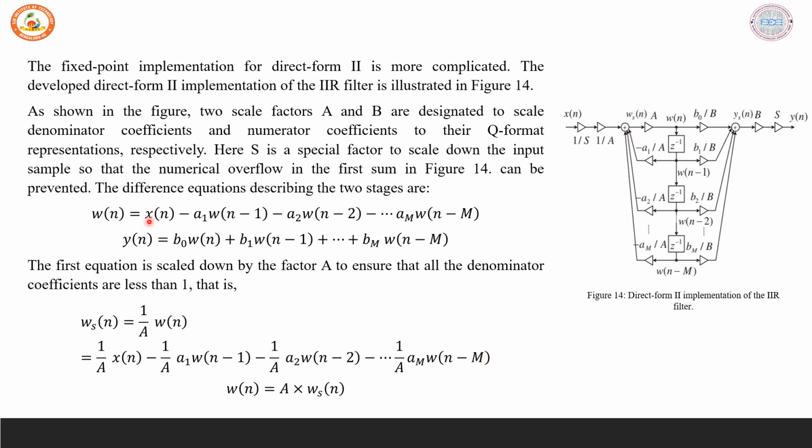This is simply obtained from the first equation by dividing throughout by A, as shown by the equation here. In other words, from the above, we can say that w of n is A times ws of n.